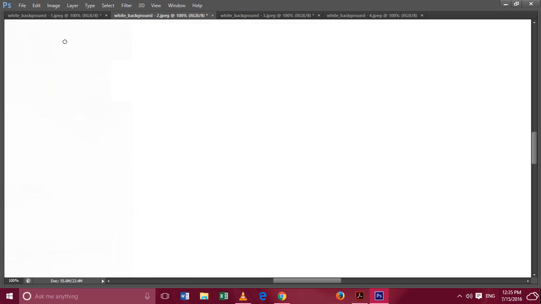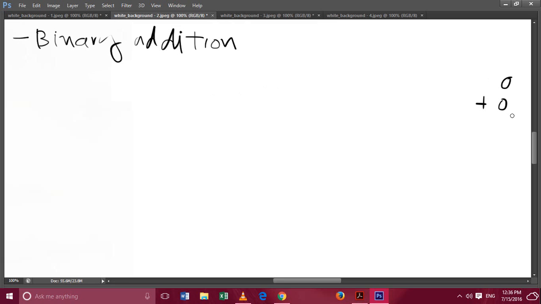To talk about overflow, we need first to talk about binary addition rules. So here are the rules. If we add 0 plus 0, this is supposed to be 0.